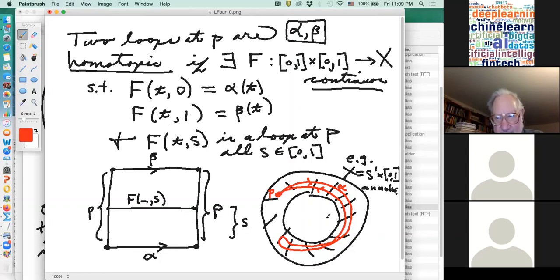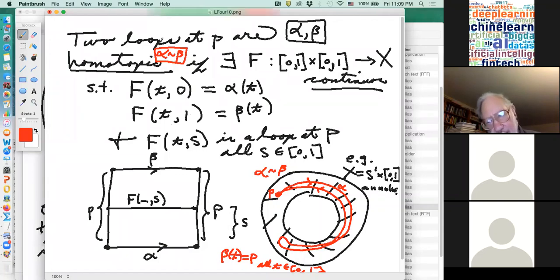Here I can have alpha looking like that, and I can have beta of t equal to p for all t in the interval [0, 1]. And here, alpha is homotopic to beta. I write twiddle for homotopic. So that's the equivalence relation I'm going to put on the loops.